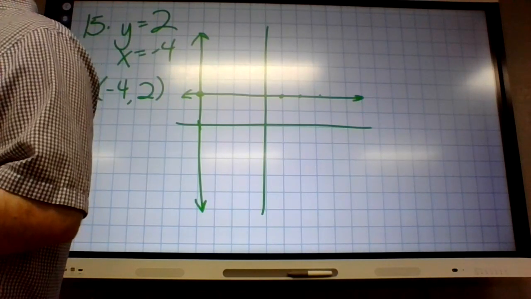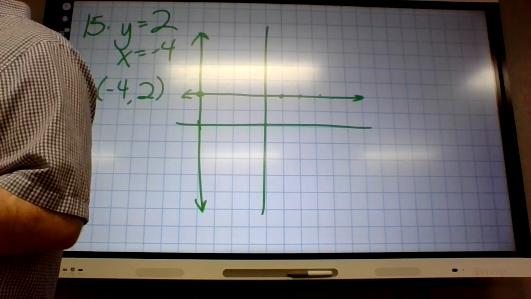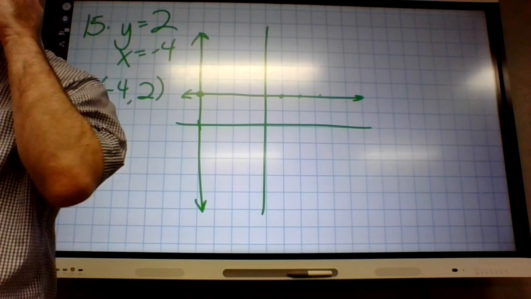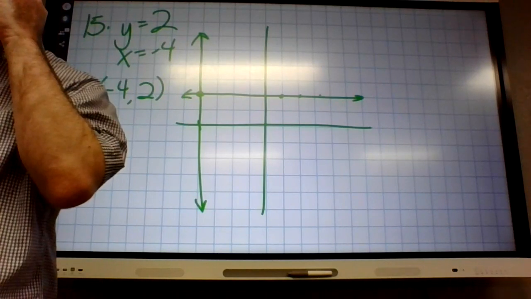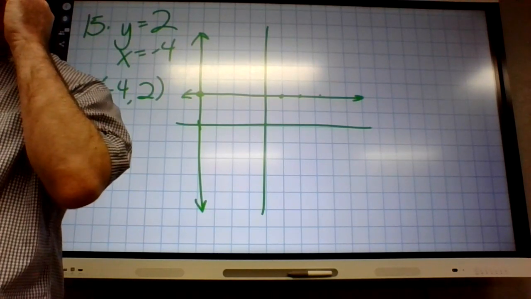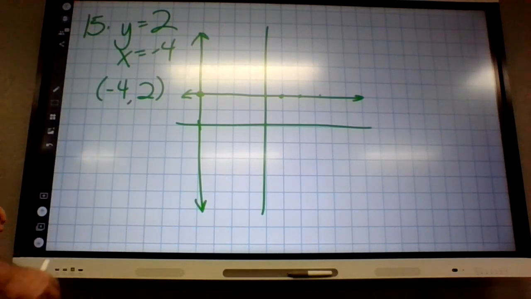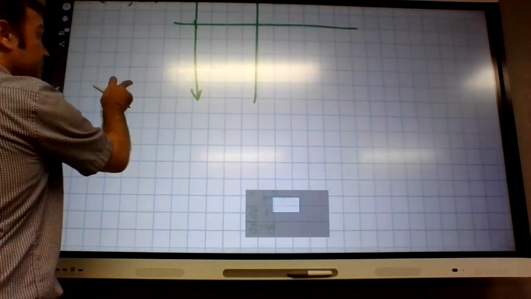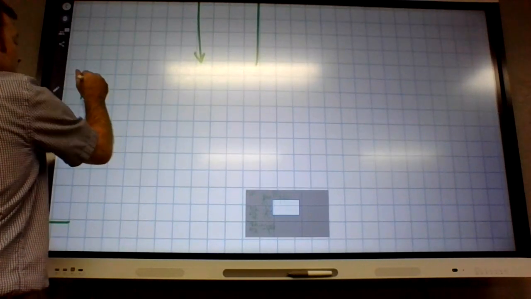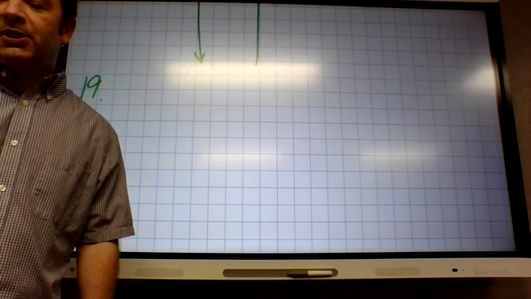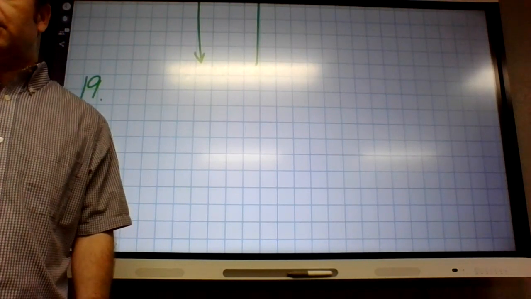Okay, I swapped out 17 and 18 with 19 and 20 because 19 was a weird one, and I wanted to do one of those. But 20's not a weird one. How can we make 20 simpler, though?